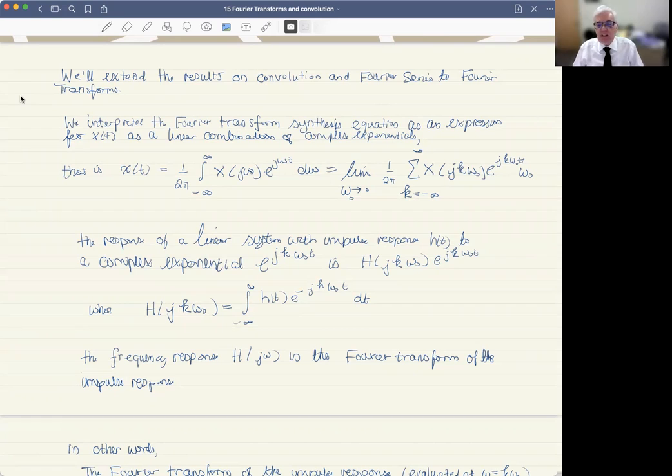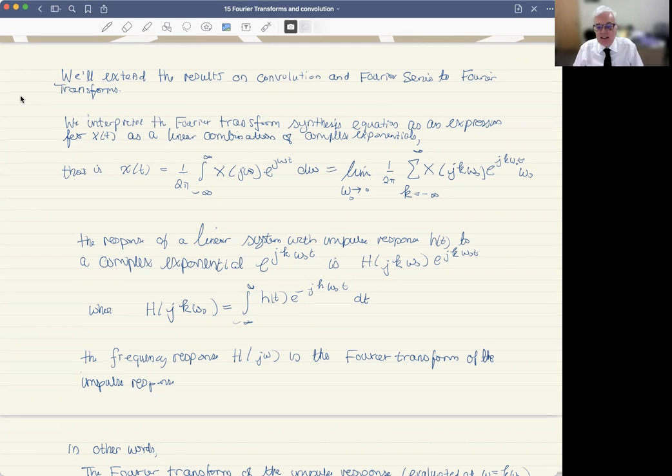Basically what we do is we follow a similar approach, again, starting with the synthesis equation, and we determine what the system function is going to look like.